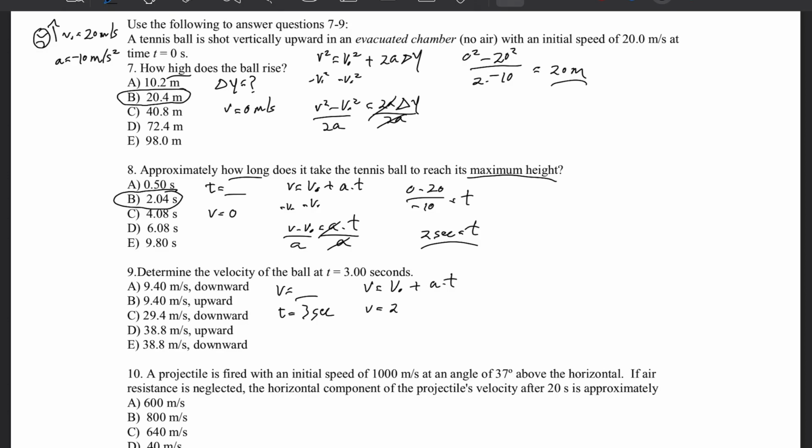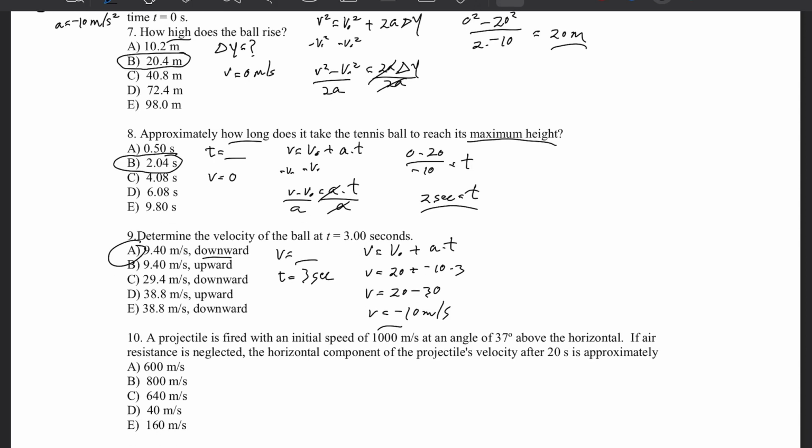It's already set up for that, so we can just say 20 plus negative 10 times 3. 20 minus 30 should be negative 10. So the ball is coming back down at 10 meters per second. So our best answer is going to be A. Because it's negative, we're looking for downward, and 9.4 is our best answer if we're looking for 10.